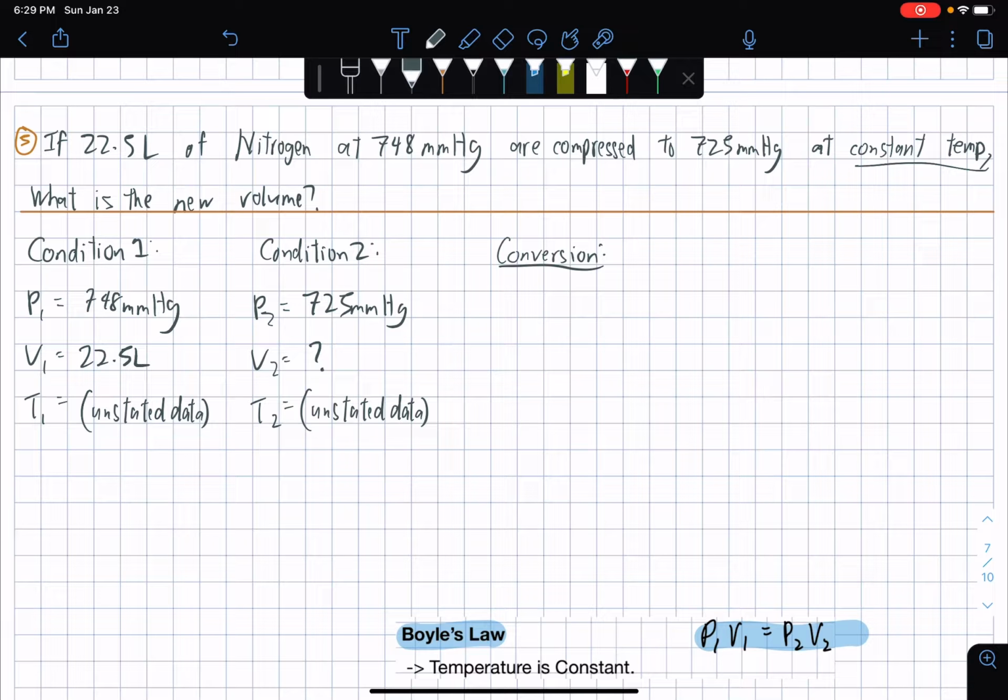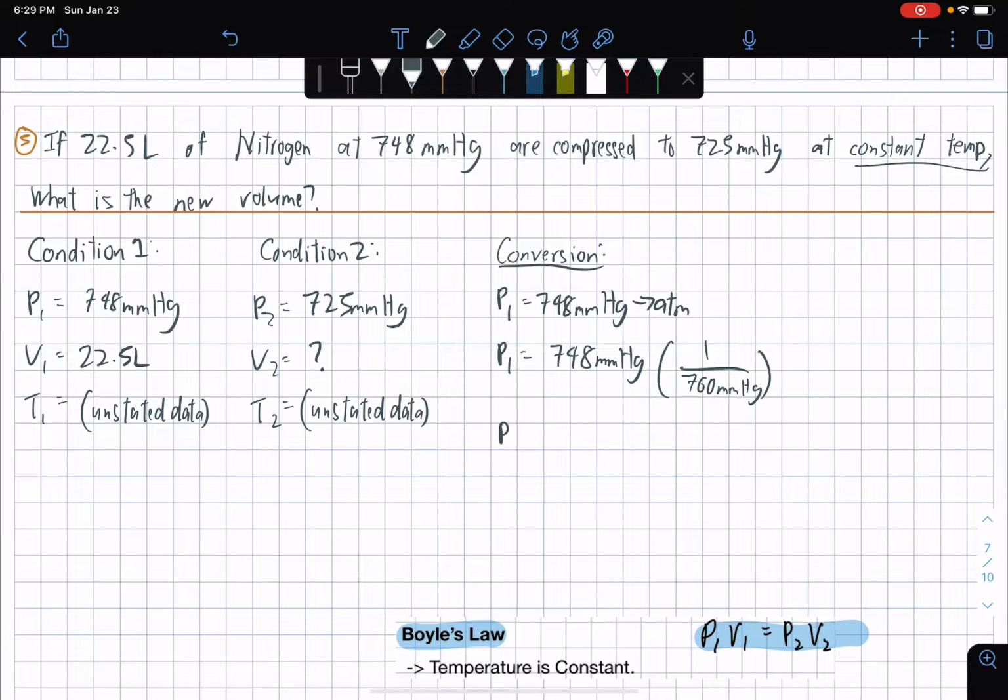But first, we have to convert the quantity of both pressures. We have to turn them into atmospheres. So, P sub 1, 748 mmHg to atmosphere. P sub 1 is equivalent to 748 mmHg times 1 atmosphere over 760 mmHg. Place that in the scientific calculator.